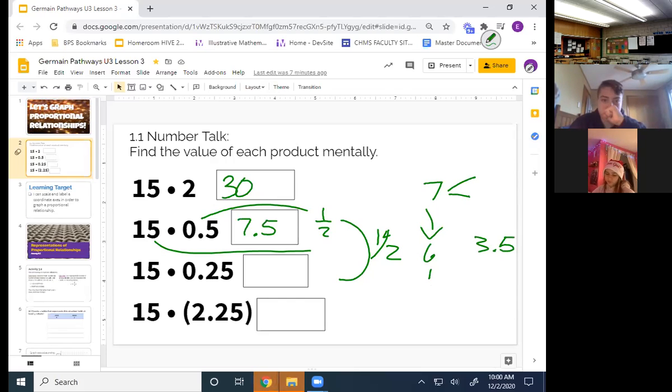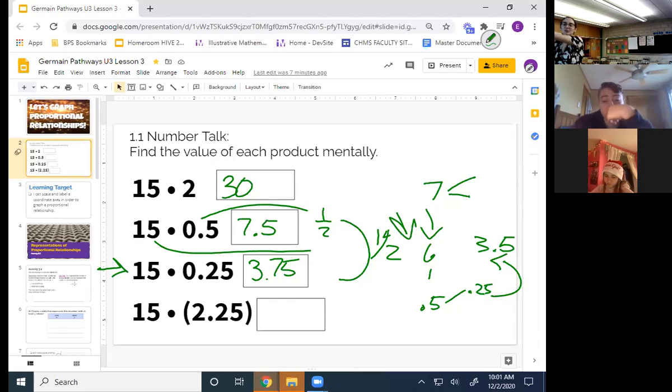Plus that 0.5 can be broken into 0.25. Add it in, 3.75. It's not just 3.5, it's 3.75. So this one right here, I would say is probably the most challenging. I would expect you guys to use a calculator for that one because it's a way to do it, but it's sort of complicated.